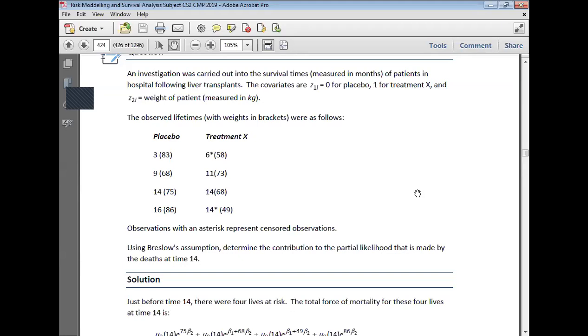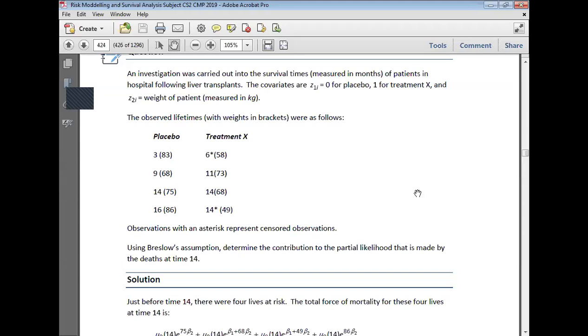So we have 3 observations that have passed 14 months under our investigation. We see one person is aged 75, another is 68, and the other one is 49. And that person actually gets censored at time 14, right?